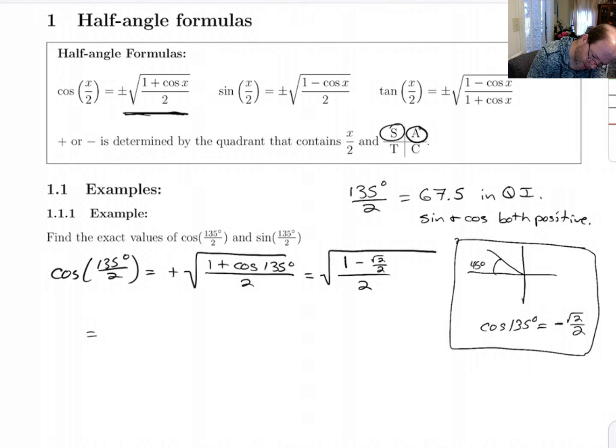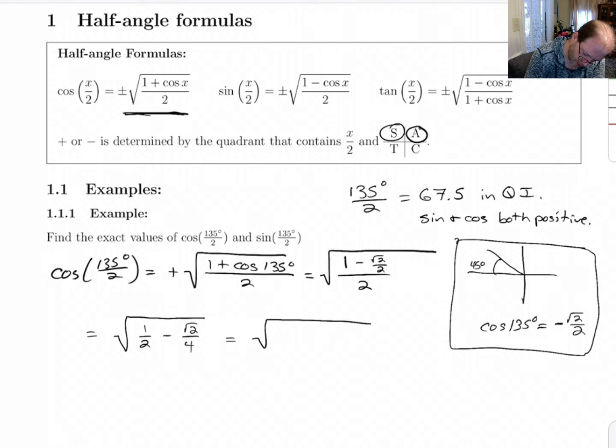So let's see, what can we do to that to make it look nicer? I don't know that there is much we could do. I could write it as 1/2 minus root 2 over 4. Or I guess I can multiply the top and bottom of that 1/2 by 2, and that would give me 2 over 4 minus root 2 over 4.